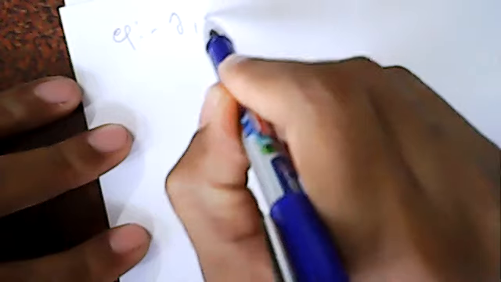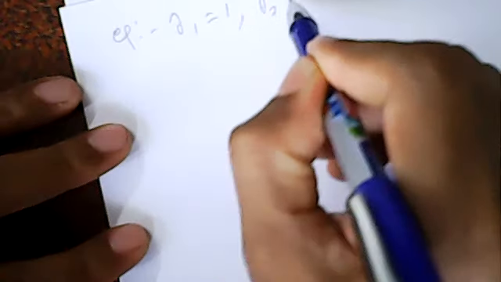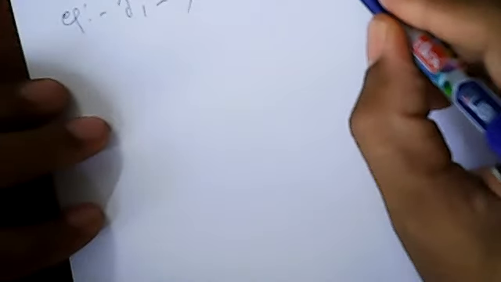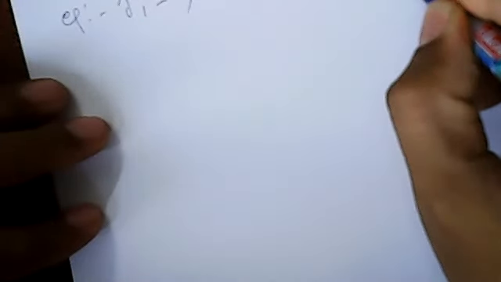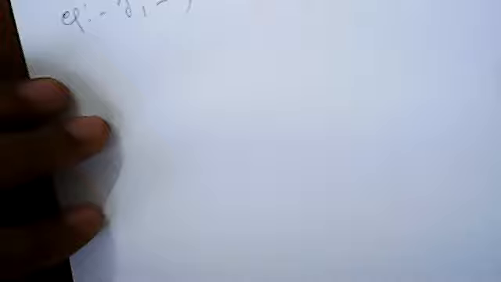Okay, I will quickly write the next example. J1 equal to 1, J2 equal to half. Calculate all the M values. What are the M1 values? 1, 0, minus 1. What are the M2 values?